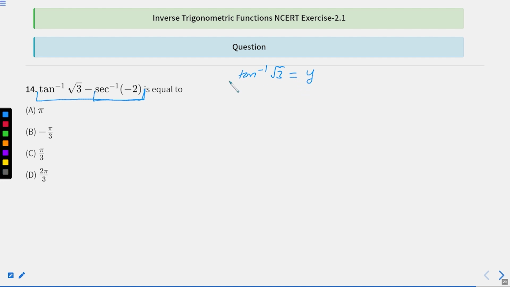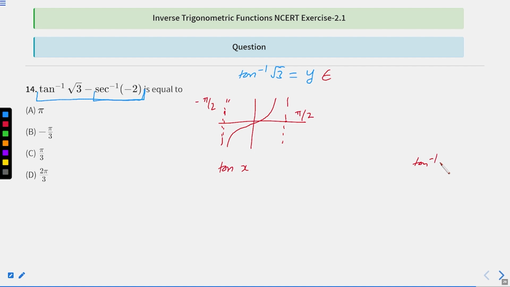Then recall that this y must belong to the principal value branch, and the principal value branch for the tan inverse function is what? If you recall, the graph for tan x is one-one from where to where? This is the graph for tan x, and this vertical asymptote is minus pi by 2, and this is pi by 2.